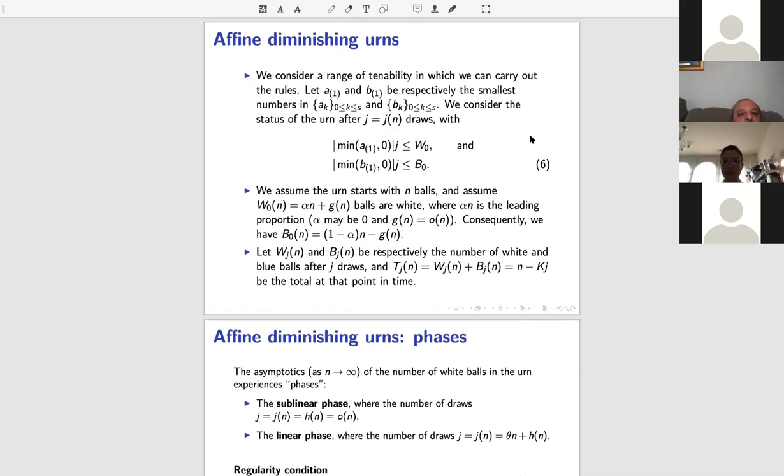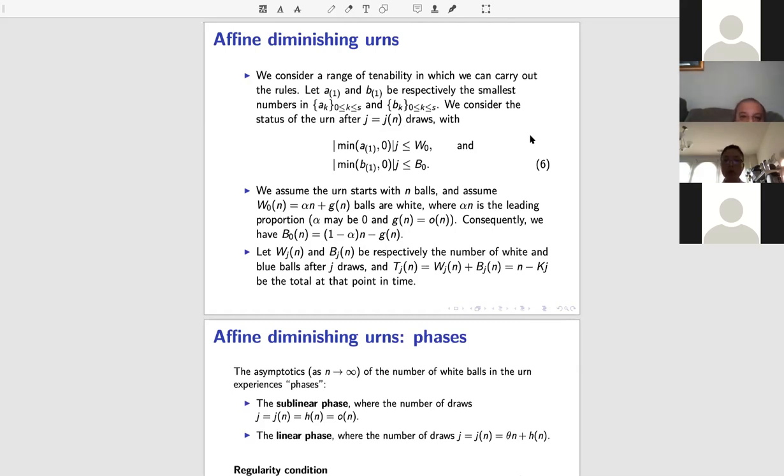So we assume that we start with n balls in the urn for some large n, and a proportion alpha n plus some lower order term gn are white, and the rest are blue. We have two variables Wj and Bj, which are functions of n. These are the number of white and blue balls we have after j draws.